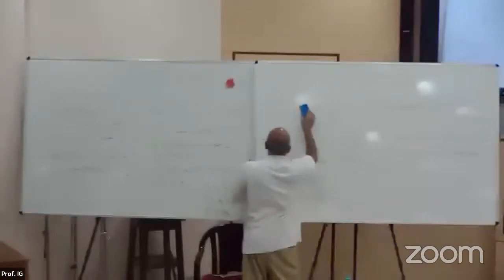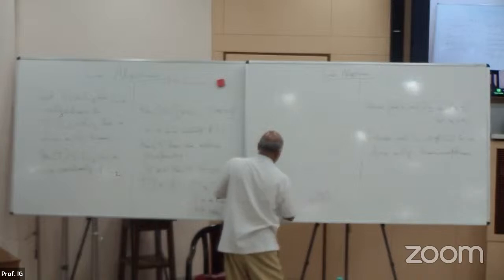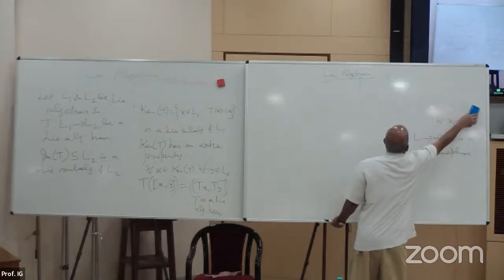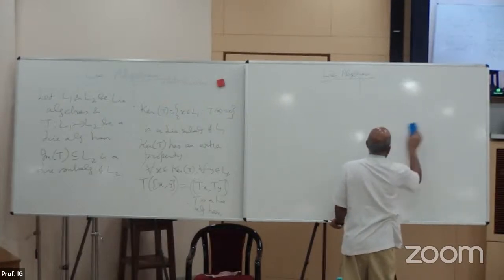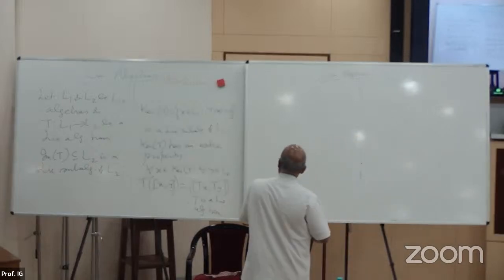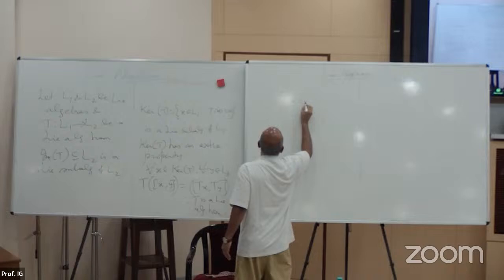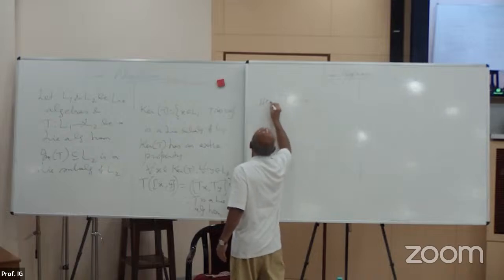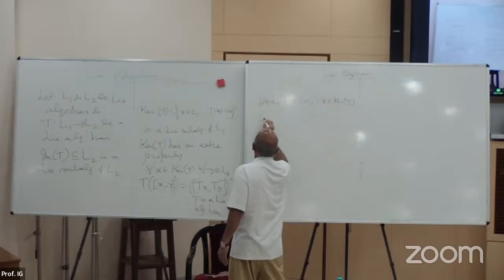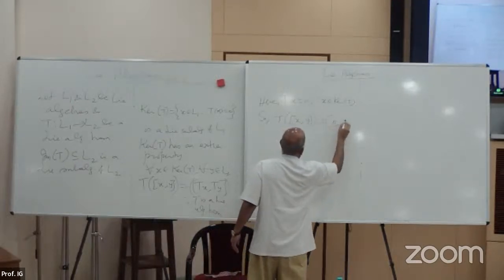And what is Tx here? x is in the kernel, so Tx is 0. So we get T of [x, y] equal to [0, Ty].